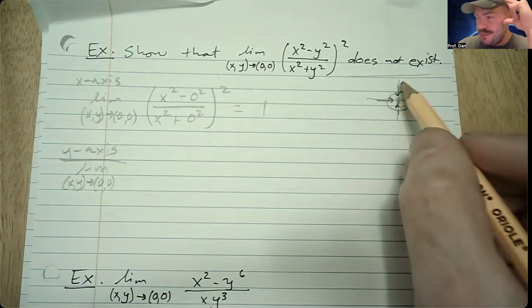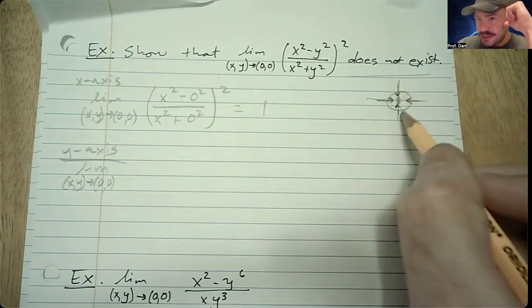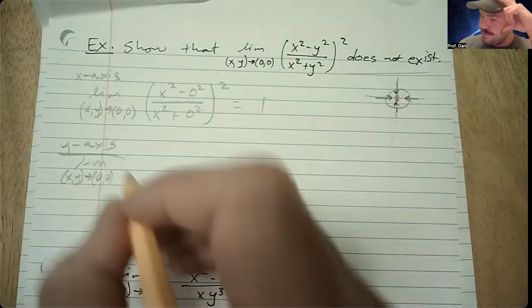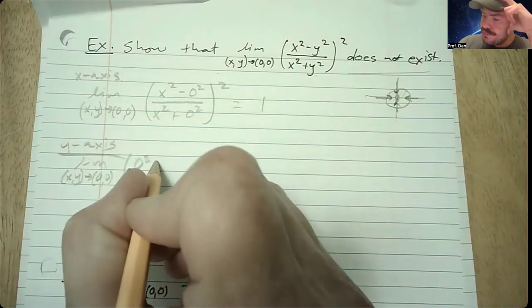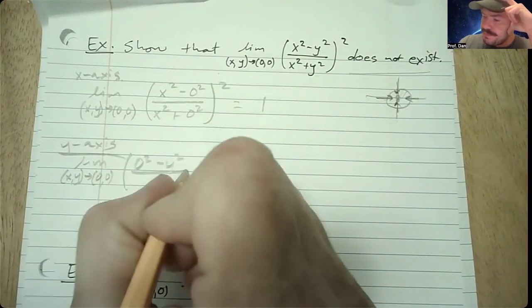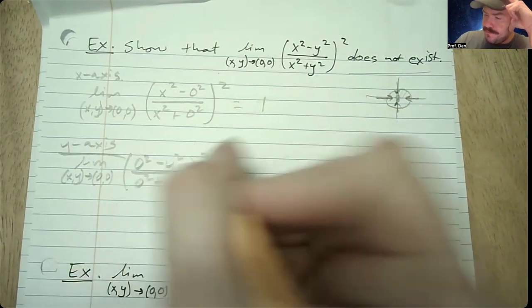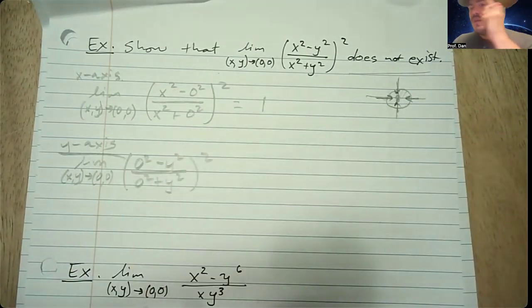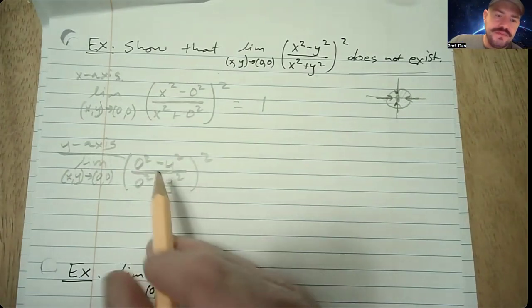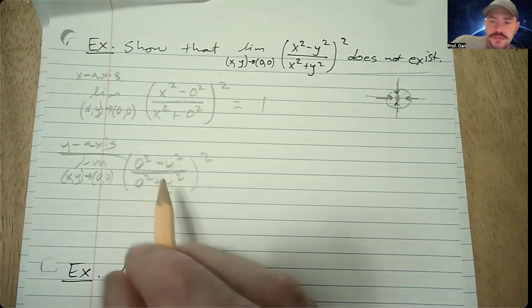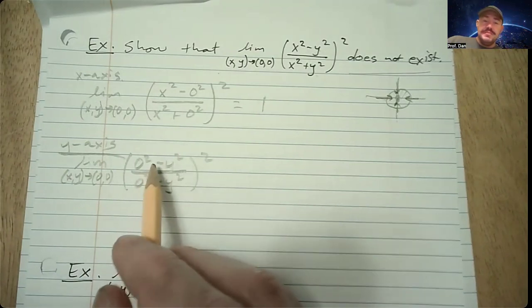Because remember, every point on the y-axis has an x coordinate of 0. And if I were to actually compute that, this would become -1.